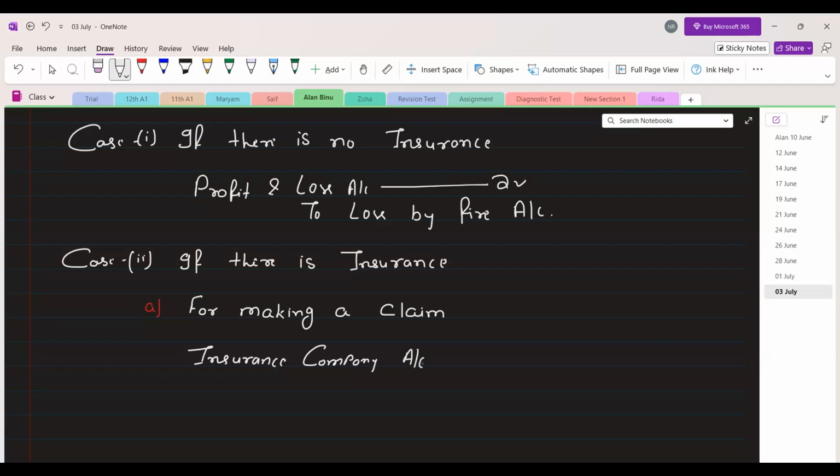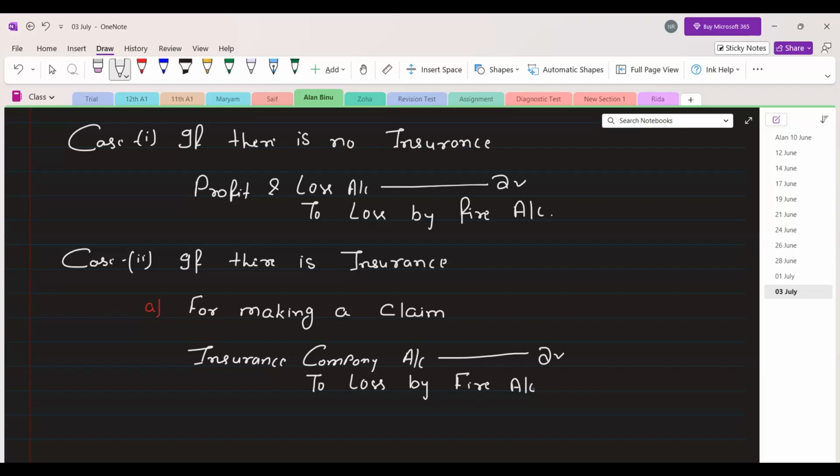We are saying to the insurance company, this is not our loss. We have paid premium to you. So this is your loss. You have to compensate us. So that's why insurance company account debit, and the loss will be transferred to the insurance company. So to loss by fire account. Now, after we have made the claim, is it possible that the insurance company will accept the full amount every time?